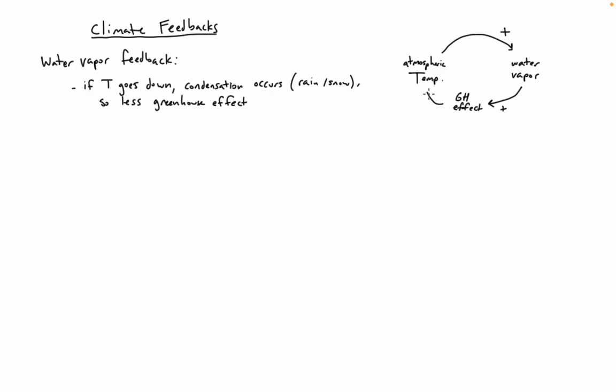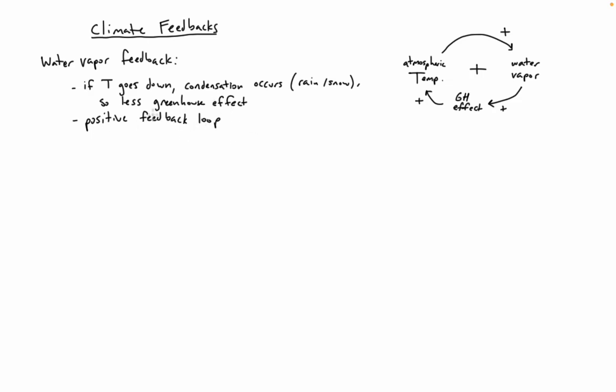And okay, if there's less greenhouse effect, there's going to be less atmospheric temperature, right? The temperature is going to go down. So that overall is a positive feedback loop.